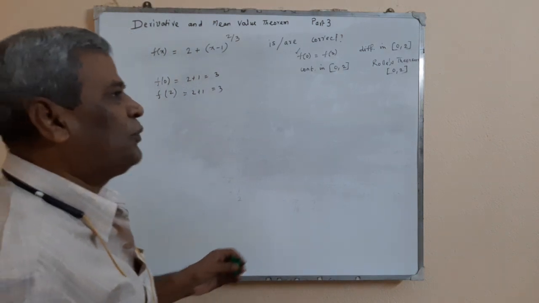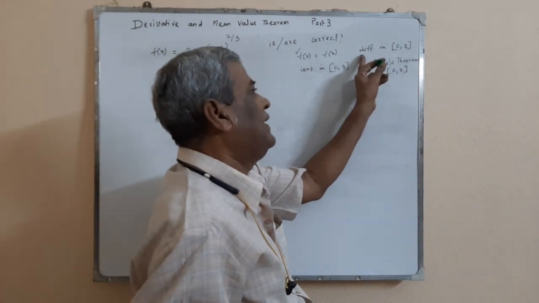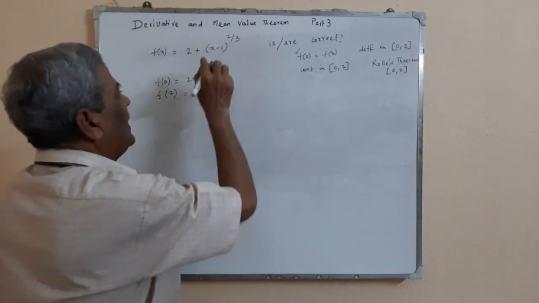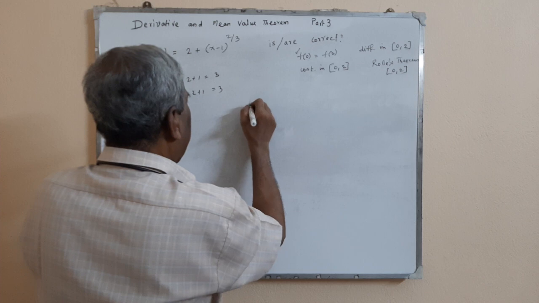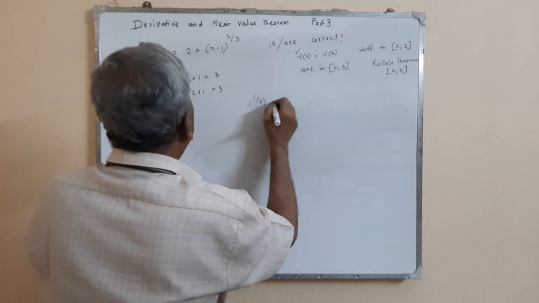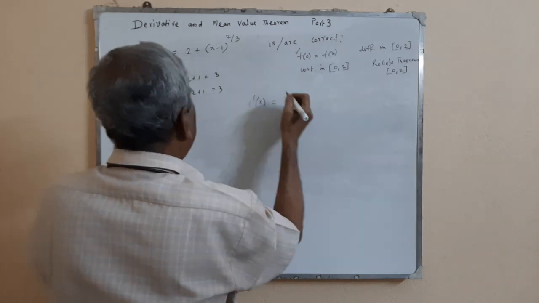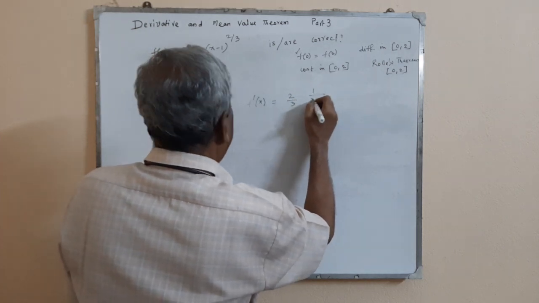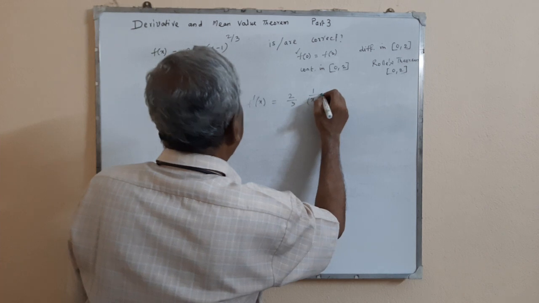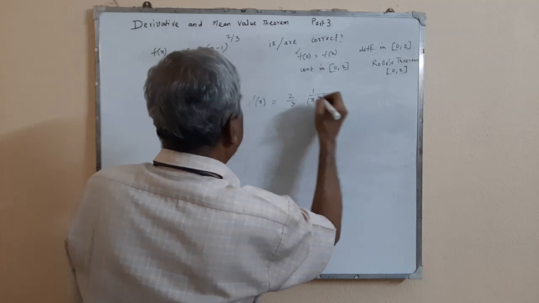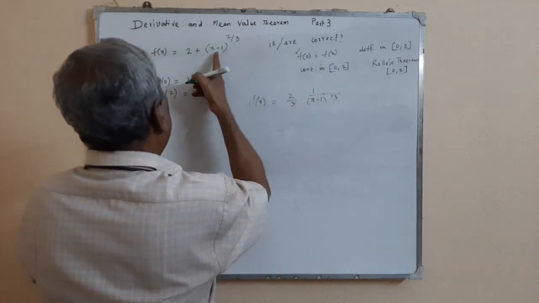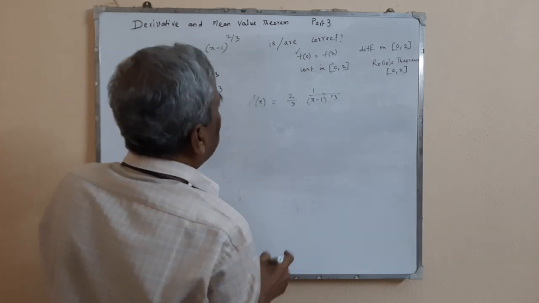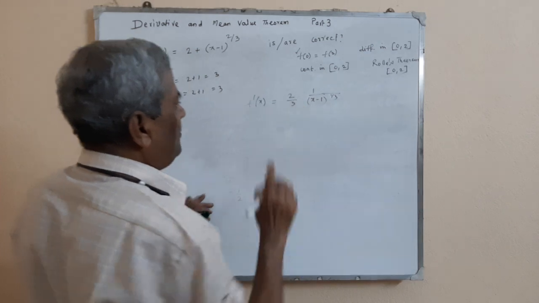The next we have to see whether it is differentiable in (0, 2) or not. Derivative of that, f'(x) is equal to 2 by 3 into 1 by (x minus 1) to the power 1 by 3. 2 by 3 into this to the power, this minus 1. 2 by 3 minus 1 is minus 1 by 3, that's why in denominator.